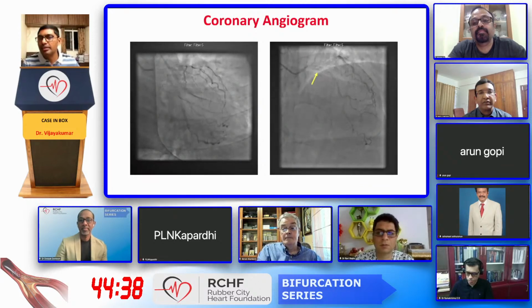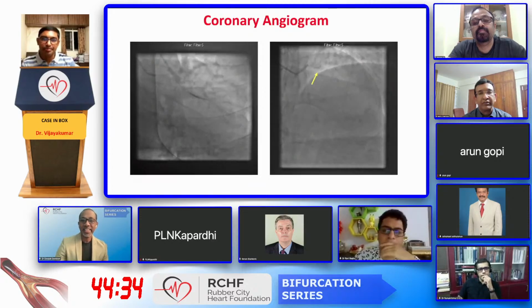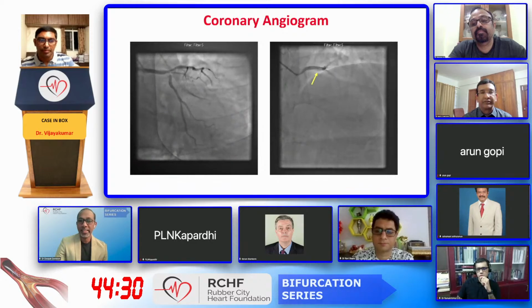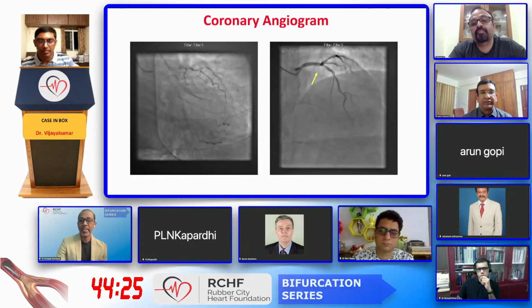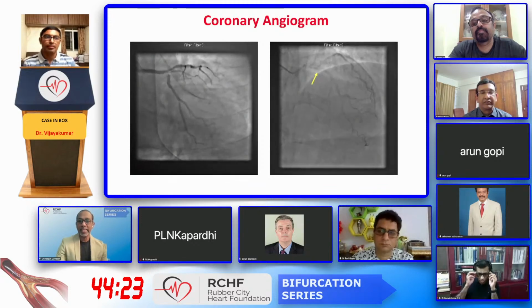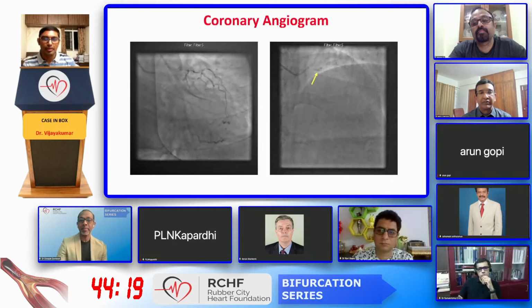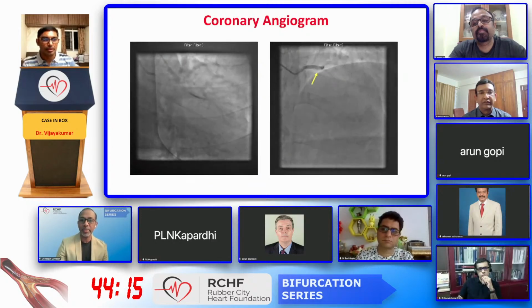I'll move on. Sir, just a small query. Do the majority of us start the procedure via the circumflex, do dilatation with a cutting balloon or a scoring balloon, stent from the left main into the circumflex, like what Dr. Arun has suggested, do a POT, and then decide what needs to be done for the LAD?